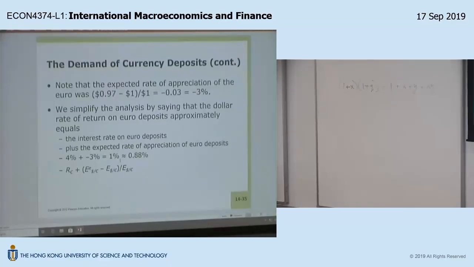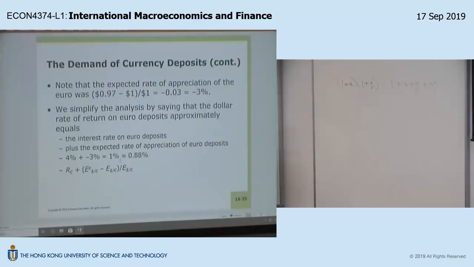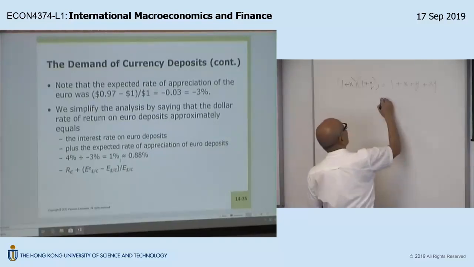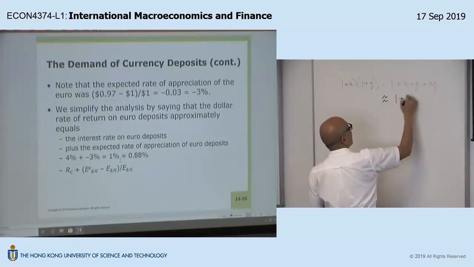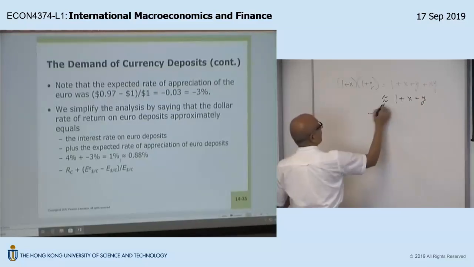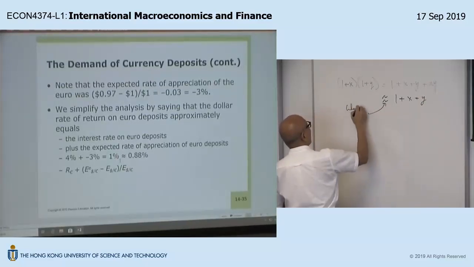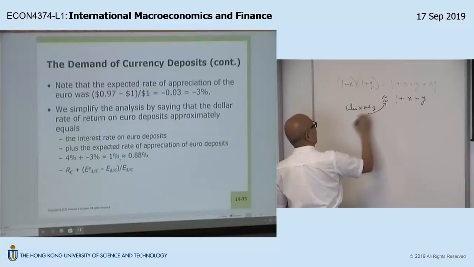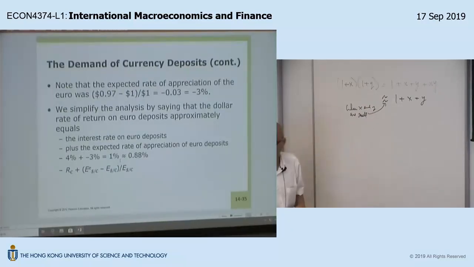So this would be approximately equal to 1 plus x plus y, when x and y are small. So what do you mean by small?